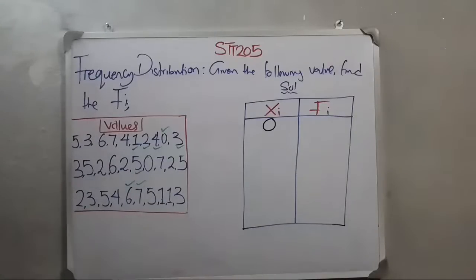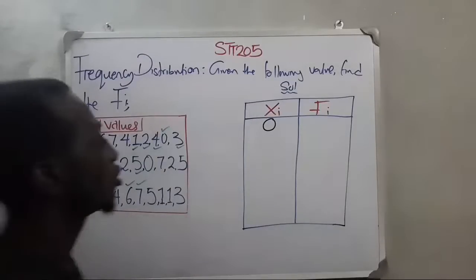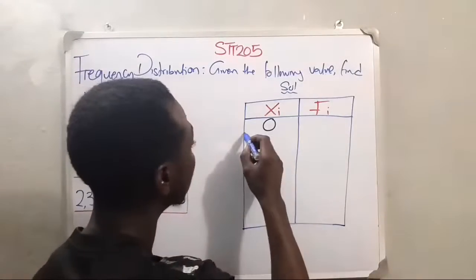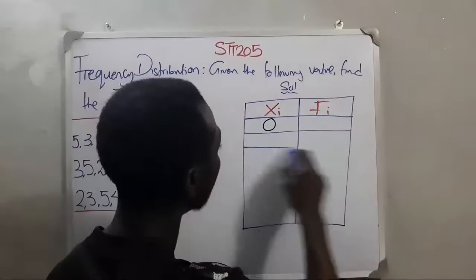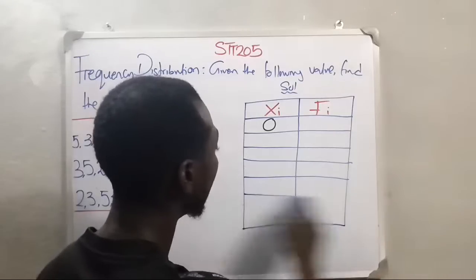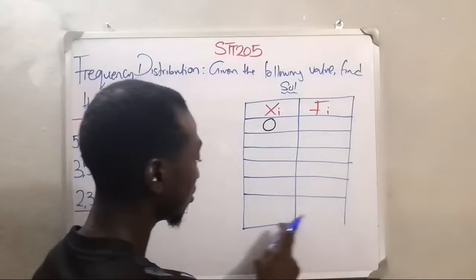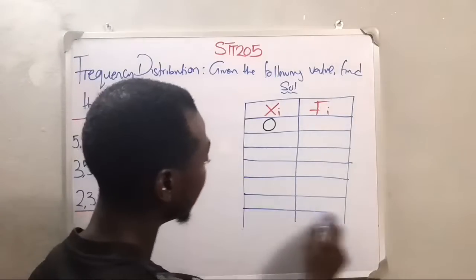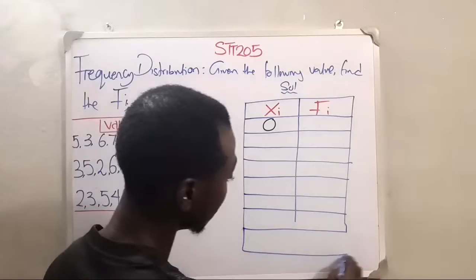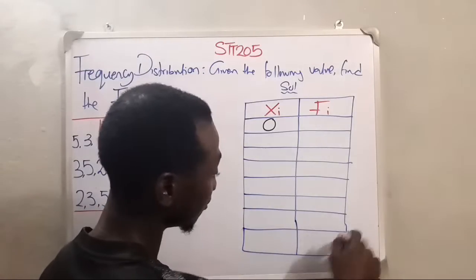From what I can see here, 7 is the highest number. So now let's put all that into consideration. This is for 1, for 2, for 3, 4, 5, 6, and 7.